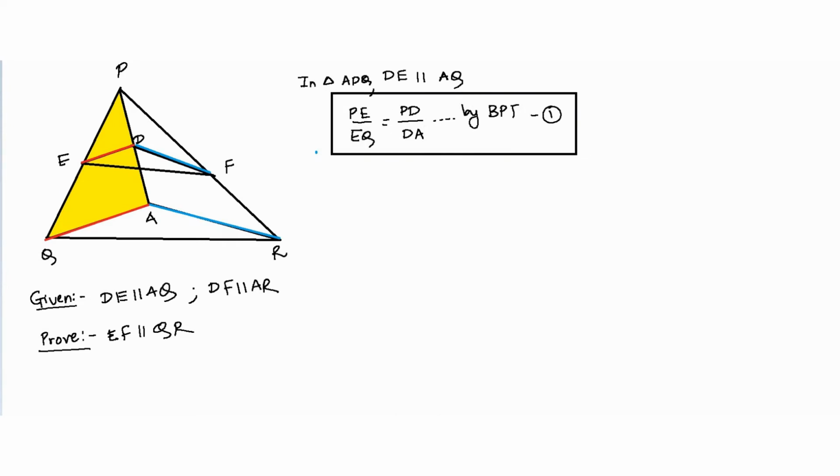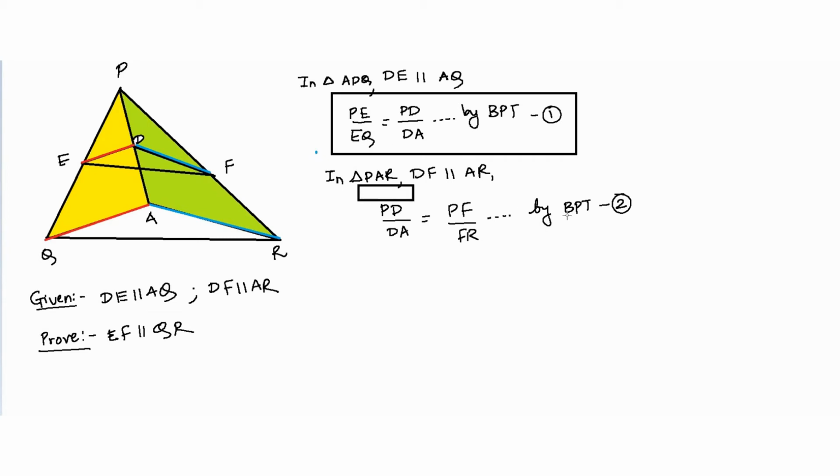Now I can pick the second triangle for applying BPT. This is the second triangle that I have. So I can say that in triangle PAR, I know that DF is parallel to AR, and therefore I can say that PD divided by DA is equal to PF divided by FR. Again, this is by BPT, and this is my second result.